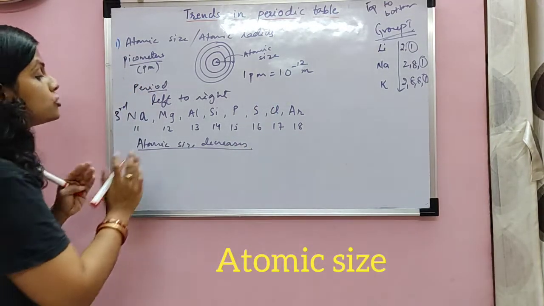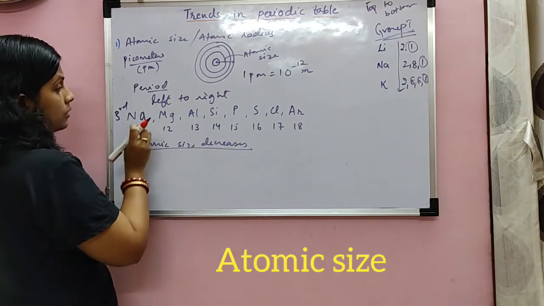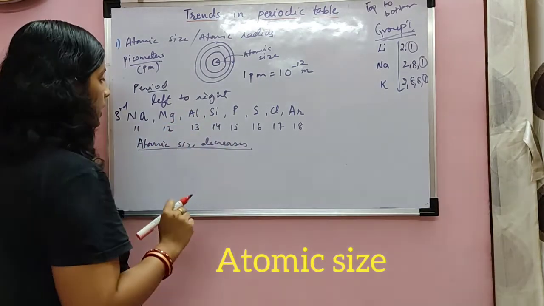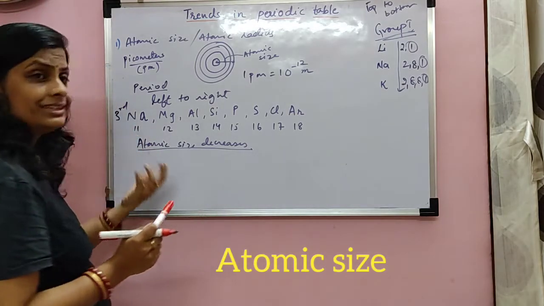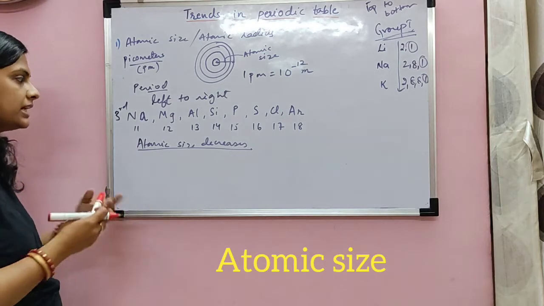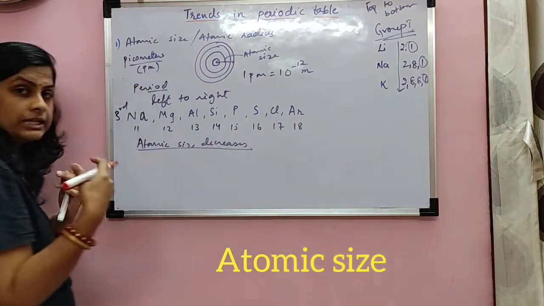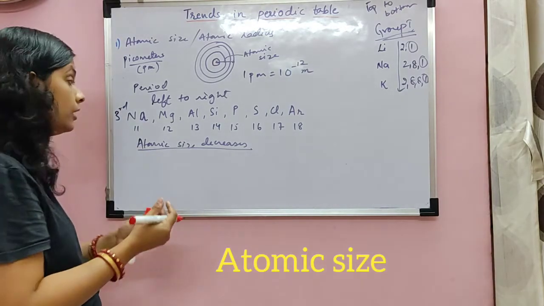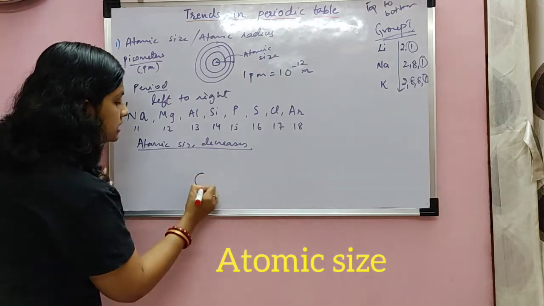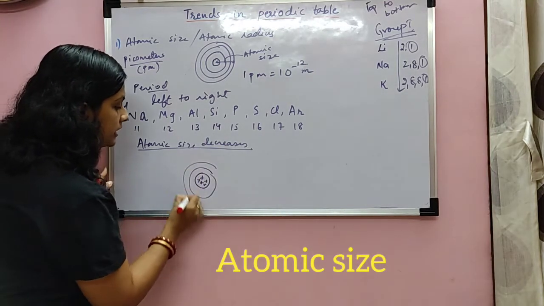So why does atomic size decrease? What is the reason? See, as you move from left to right in a period, the valence electrons are increasing, as I told you: here 1, here 2, here 3, here 4, 5, 6, 7. This is a nucleus, and the nucleus contains positive charge.